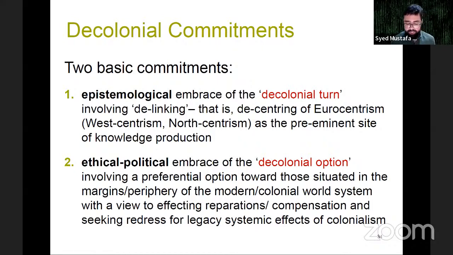That is, decentering of Eurocentrism, West-centrism, North-centrism, as the preeminent site of knowledge production. And two, embrace of the decolonial option, which involves a preferential option toward those situated in the margins, peripheries of the modern colonial world system, with a view to effecting reparations and compensation, and thereby seeking redress for the ongoing legacy systemic effect of colonialism.